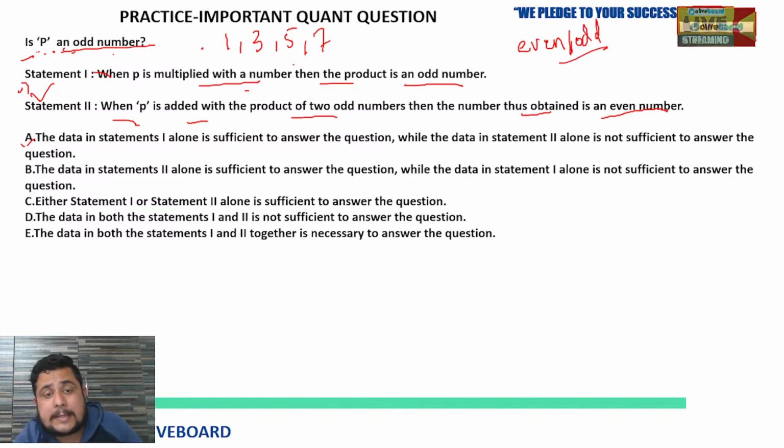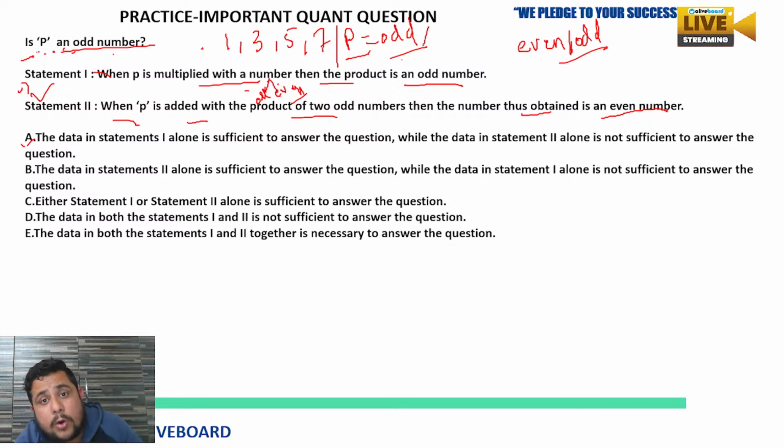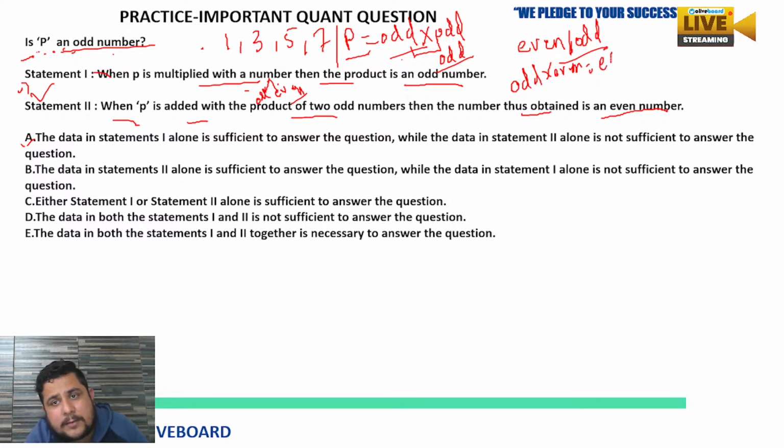So when P is an odd number, we multiply it with a number that can be odd or even. When you multiply an odd number with an odd number, you always get an odd number. And when you multiply an odd number with an even number, you will get an even number.